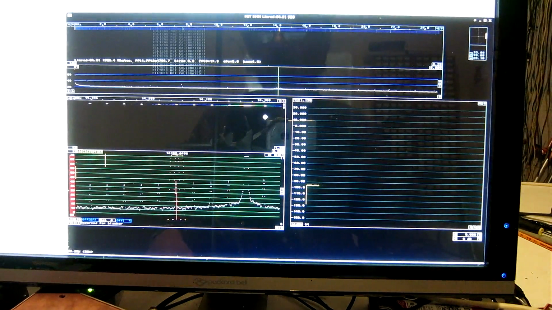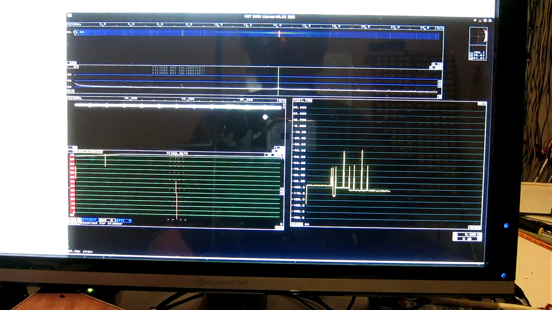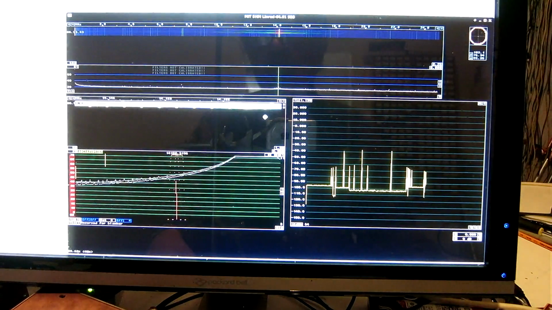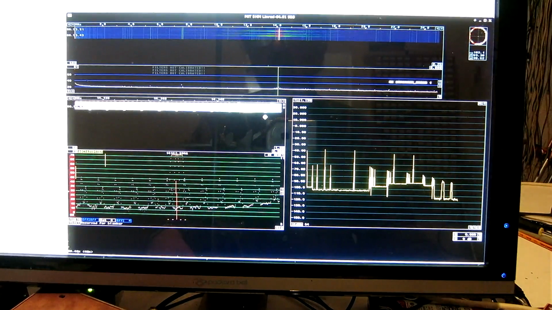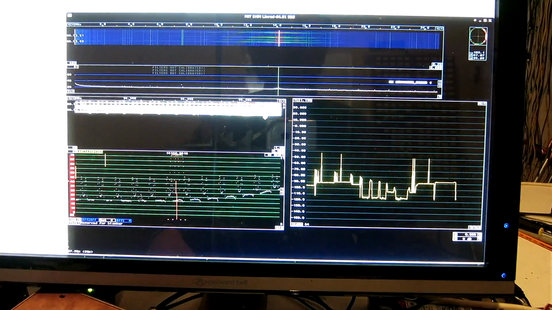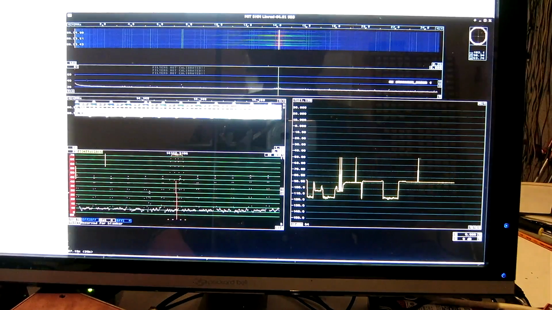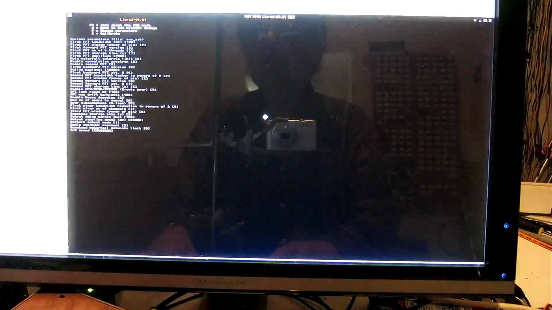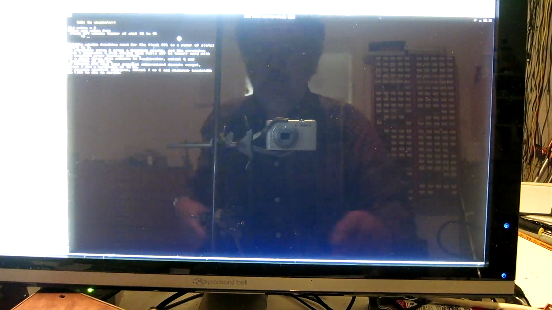And there is the signal. And here is my mistake. This is now a sine squared window, which is not very good. This should have been 9.